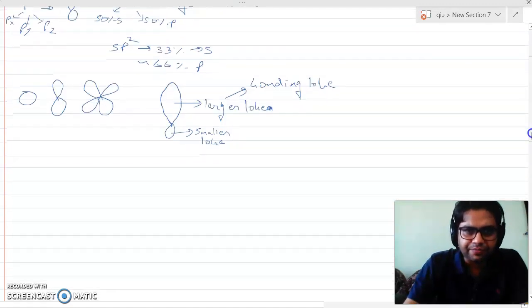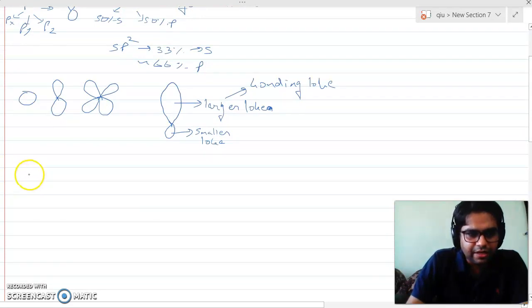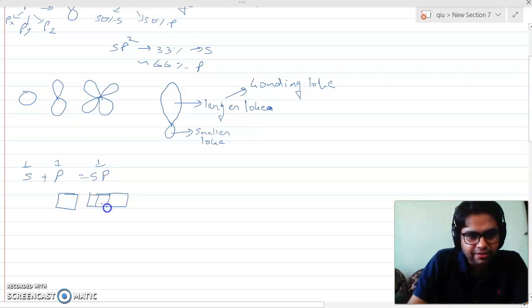In hybridization, what happens is that orbitals mix, not the electrons. So basically if an s orbital and a p orbital mix, they form sp orbitals. In an sp orbital, if there are two electrons, they are not different into electrons of s and electrons of p. So in hybridization the orbitals mix, not the electrons. What I am trying to say is that a half-filled orbital, a fully filled orbital and an empty orbital can all mix.